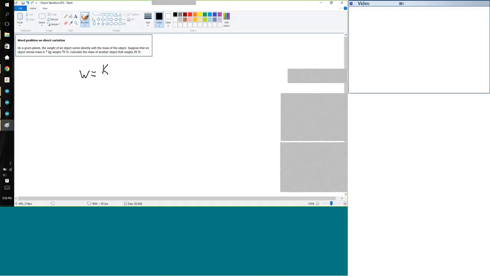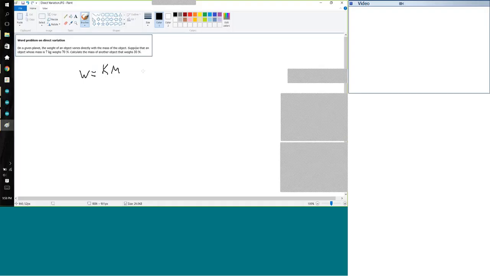Whether you're multiplying times the K or dividing by the K is what comes into play. So let's read through the rest of the question and see which one this is. Since it says that it's varying directly, that means that we're going to multiply times K. And it says we vary directly with the mass of the object. So I'm going to call that M.